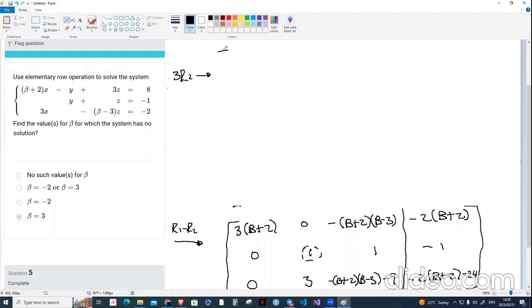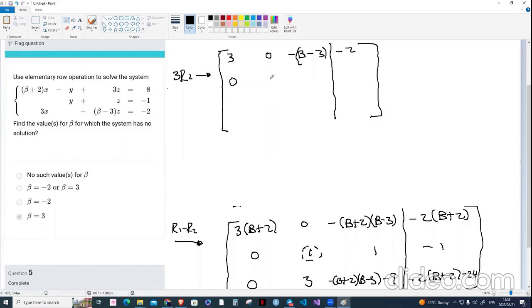This will be, because we're done using this one as well, I can just remove that common factor so that it becomes cleaner. Minus B, minus 2, minus 3, minus 2.